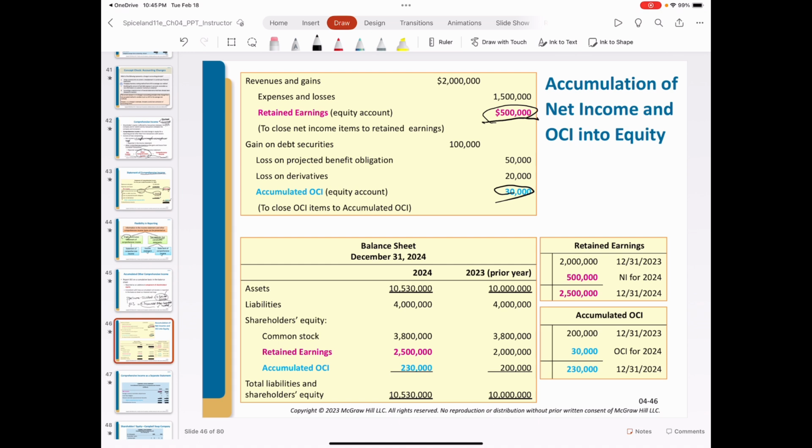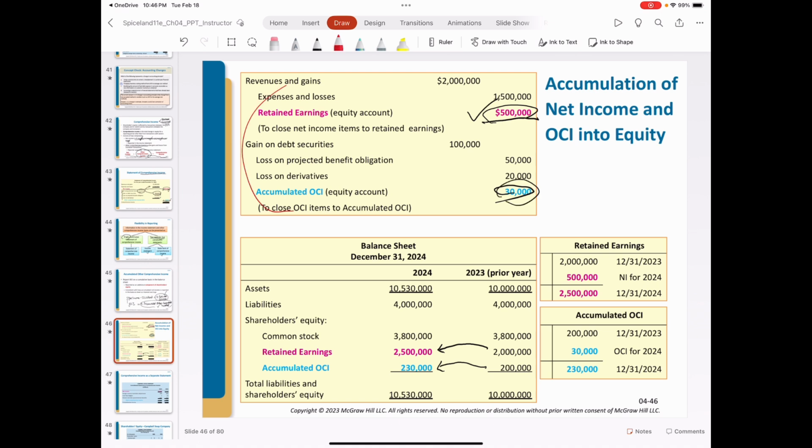This represents the change to the balance of retained earnings and accumulated other comprehensive income. So in the balance sheet, we can see from prior year, the retained earnings increased $500,000. So in this example, I think it assumes there's no dividend declared and paid. And accumulated other comprehensive income increased by $30,000.